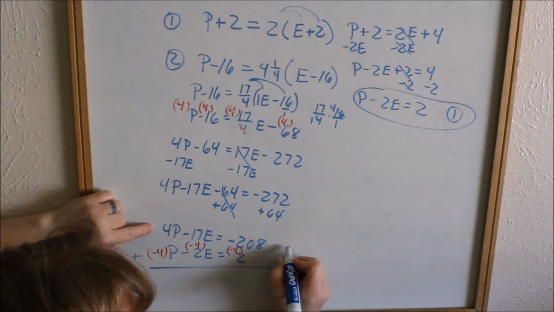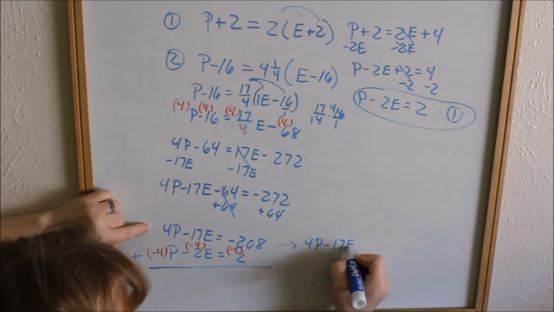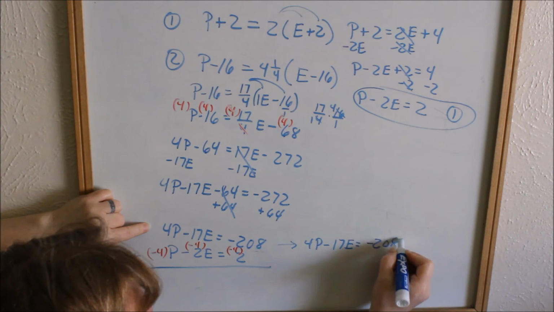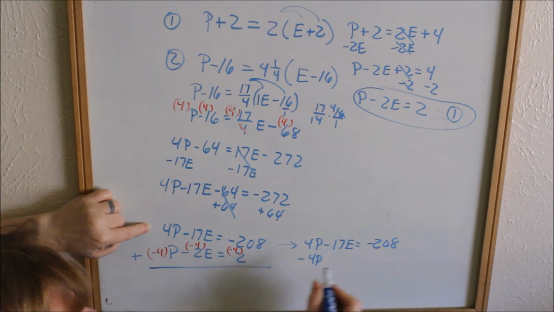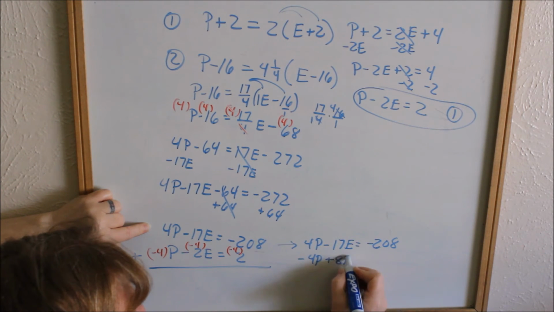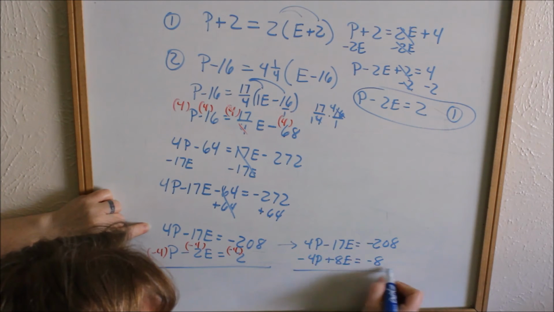So rewriting my equations, this becomes 4P, this doesn't change. This one will become negative 4P, and negative 4 times a negative 2 is a positive 8E, and then a negative 4 times a positive 2 is negative 8.